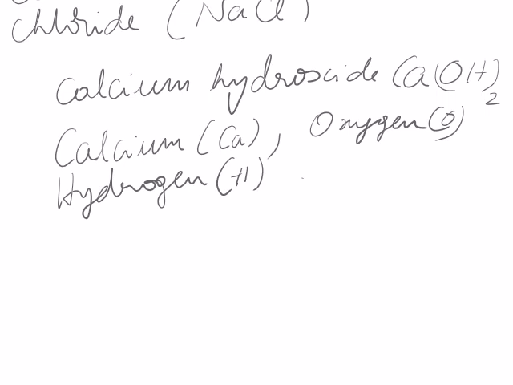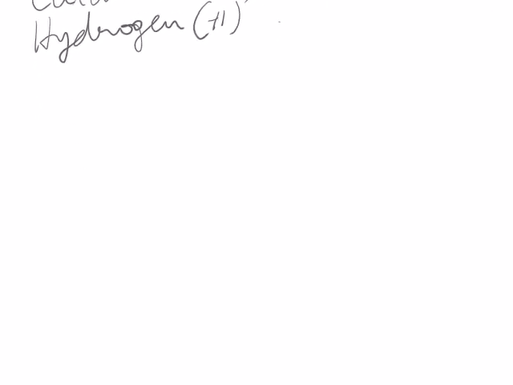Now, a compound has properties that are different from the elements that it is composed of. I'll come to it slowly. Till now, what did we learn?